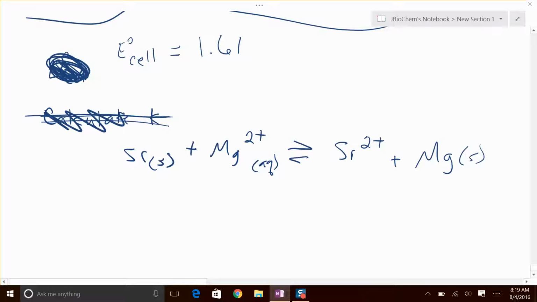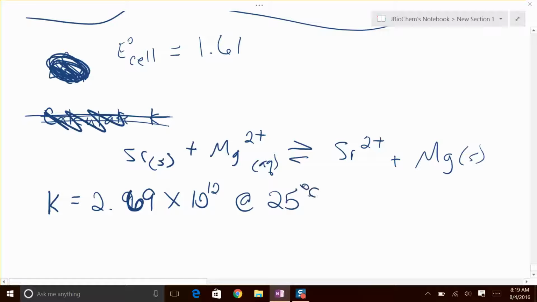You have to write it. Okay, so K equals 2.69 times 10 to the 12 at 25 degrees Celsius.